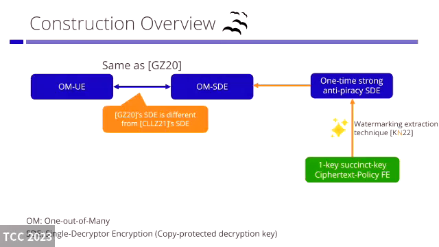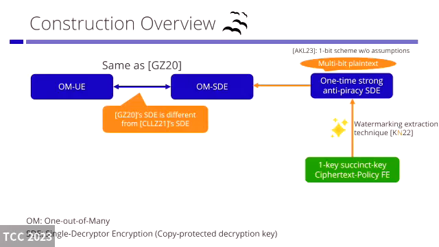The technical core of this result is the next part. We can show that a single-key and succinct-key ciphertext-policy functional encryption implies one-time strong anti-piracy single decryptor encryption. Interestingly, we use a watermarking extraction technique to achieve this result. One good feature of our construction is that our scheme supports multi-bit plaintext.